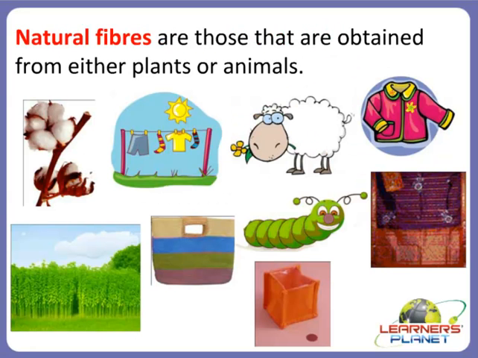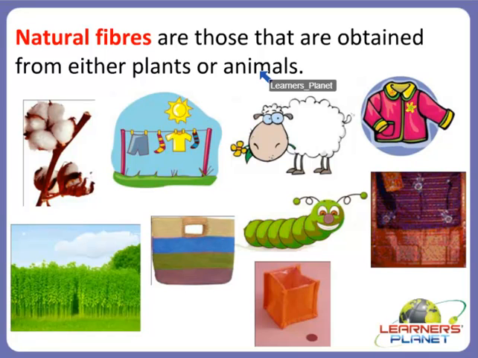Children, remember that there are two types of fibers. So the first one is natural fibers. What are natural fibers? Natural fibers are those fibers that are obtained from either plants or animals.